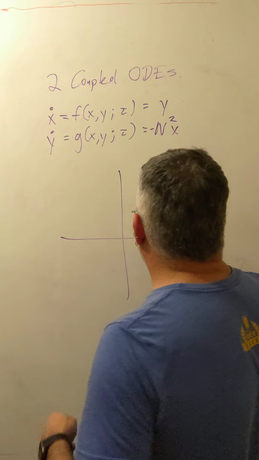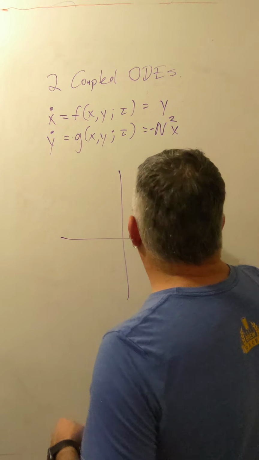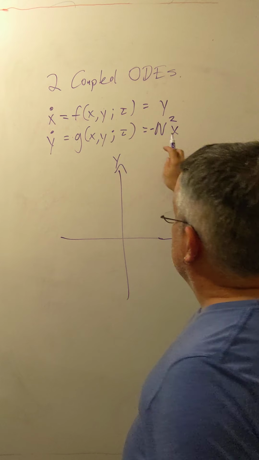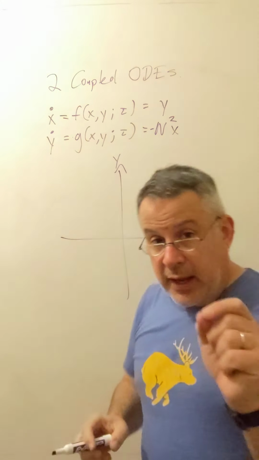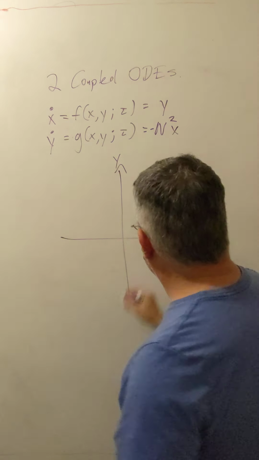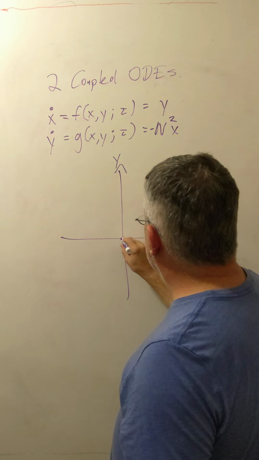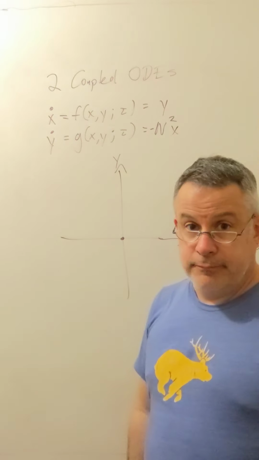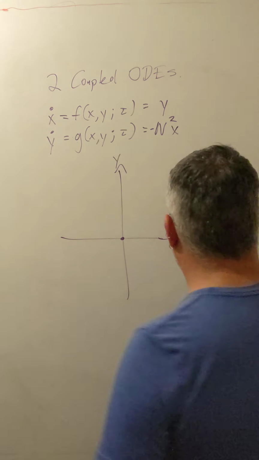Here's x, here's y. All right, what can we do? Well, all right. This is a homogeneous system. If I set both x and y equal to 0, then x dot and y dot are also equal to 0. So I actually have a fixed point at x equals y equals 0. Cool.